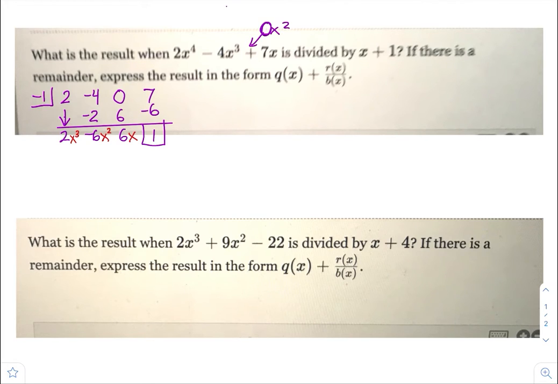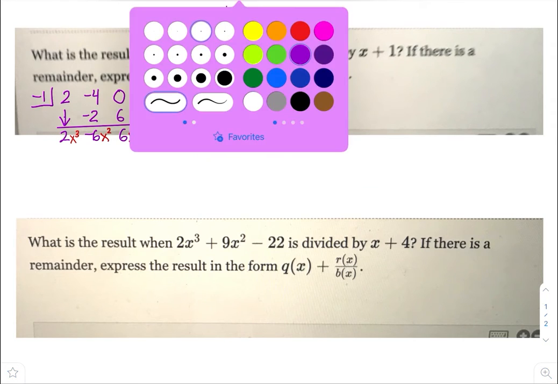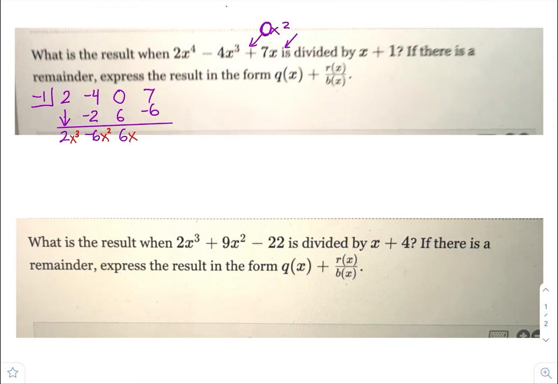Oh, something I forgot is we're actually missing a 0.